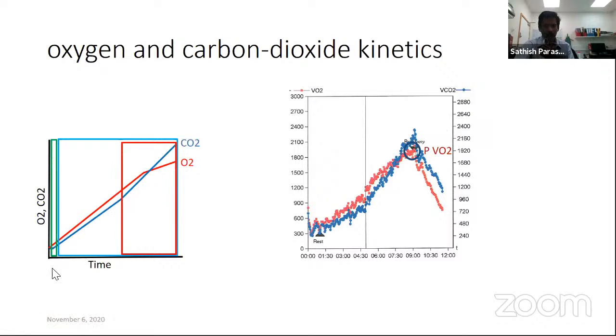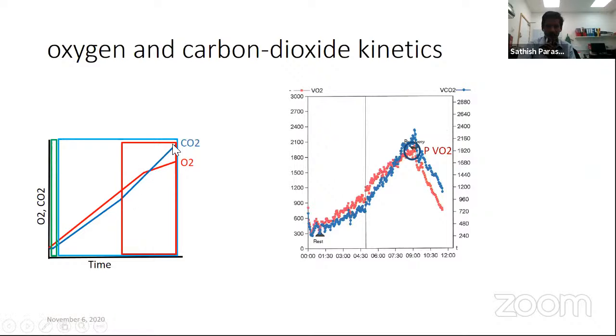So what does the carbon dioxide do? The carbon dioxide production runs parallel to the oxygen consumption, just below, but parallel to oxygen consumption, up to a point beyond which the carbon dioxide production increases disproportionately to the oxygen consumed. We can tell that this is the point where additional carbon dioxide is produced, and this carbon dioxide is produced by anaerobic metabolism.